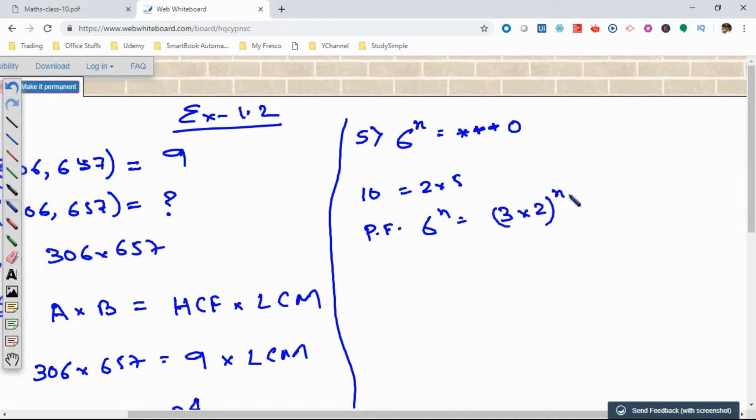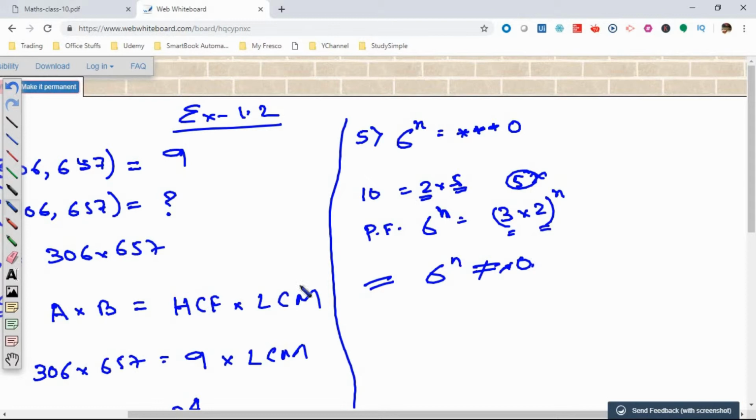It has to include 2 and 5, but we have only 3 and 2, so the 5 is missing here, hence it cannot end with 0. Okay, so in this way we can solve this question.